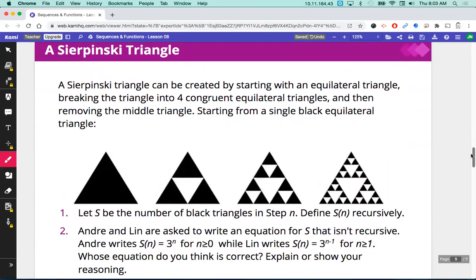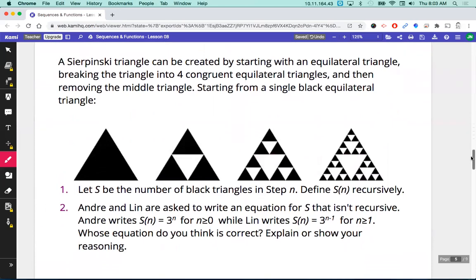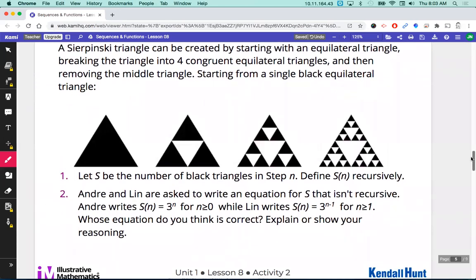All right, you guys remember these Sierpinski triangles, right? This is one where we had our recursive definition, right? This is one where every single time we tripled the number of triangles that we had, okay? So our recursive definition was, let's see, I'm going to use S of 1 equals 1.